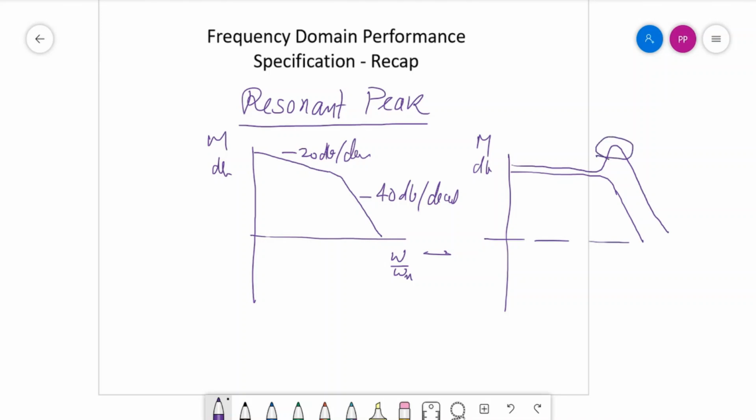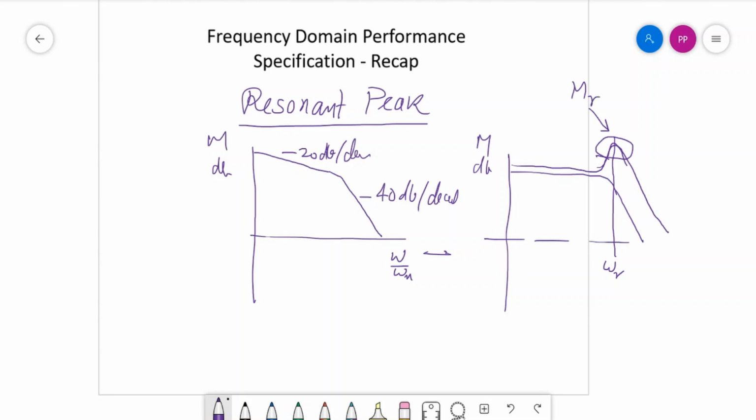Such peaks in the gain will disturb the system all of a sudden at a certain frequency. This frequency, where the system has a sudden hike in gain, is called the resonant frequency, and this gain is called the resonant magnitude or resonant peak.